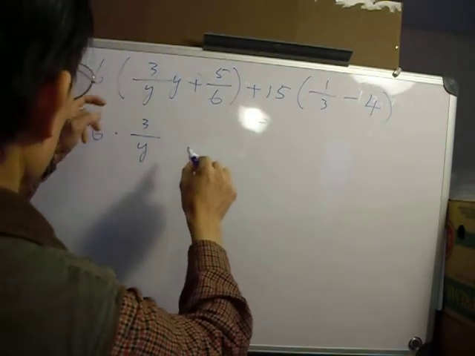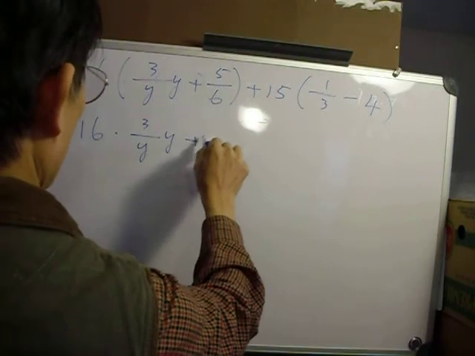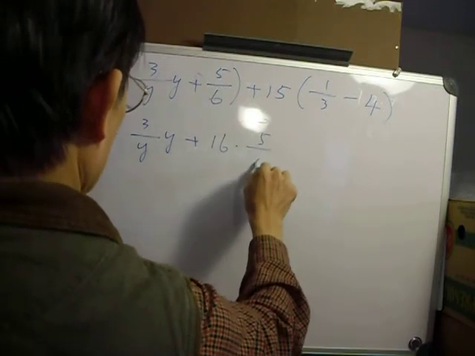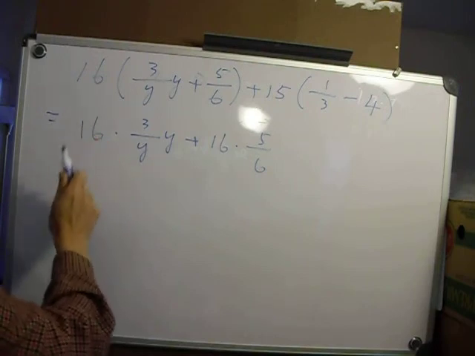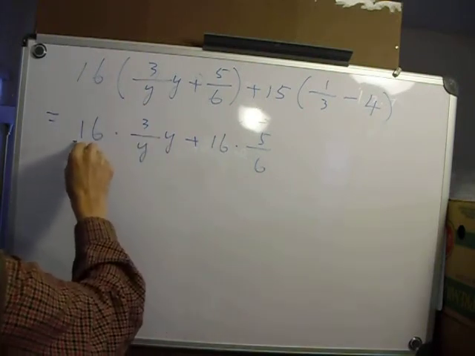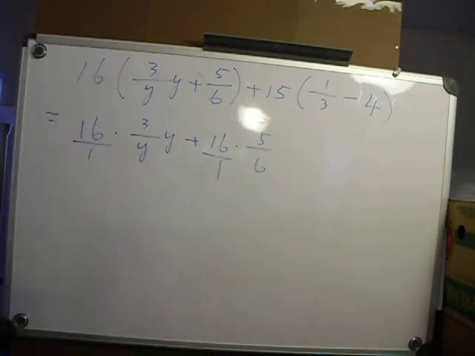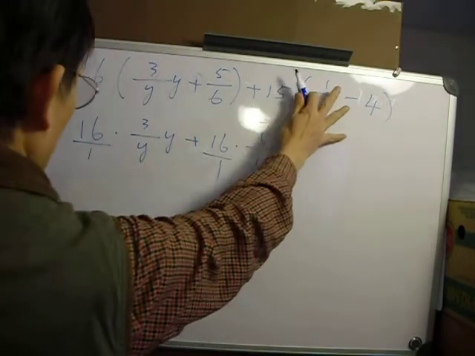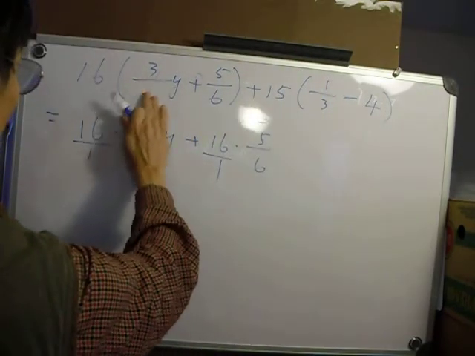Distribute this inside there, and then 16 times 5, 6. How do you handle a whole number times a fraction? You can put a 1 down here, and then simplify before you worry about the rest. You see this should be a 4.